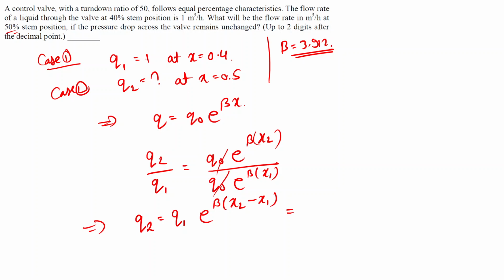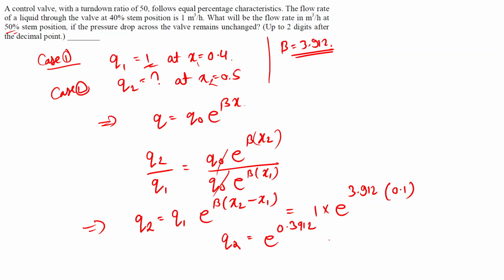Q1 we have been given as 1, into e raised to 3.912 times x2 minus x1, where x2 is 0.5 and x1 is 0.4, so x2 minus x1 is 0.1. So Q2 will be equal to e raised to 0.3912.